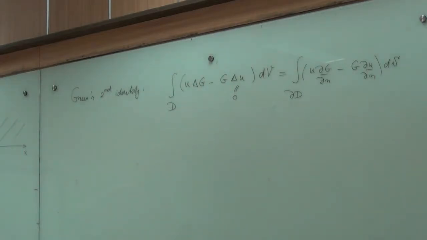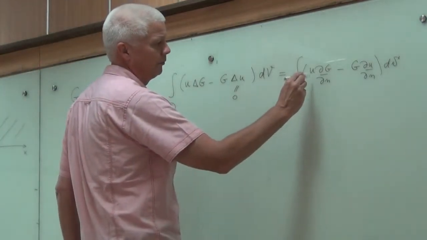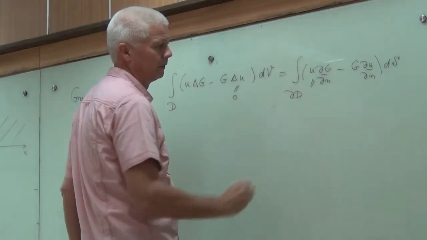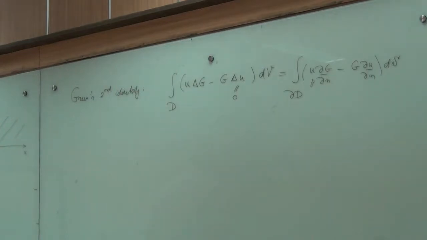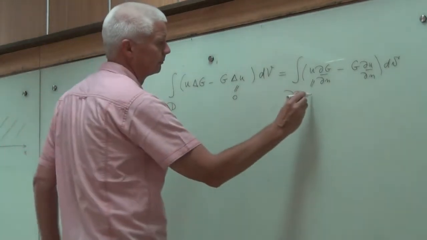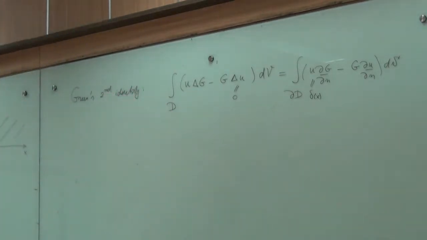I also know in this formula my u on the boundary. What's the u on the boundary? The delta x, eh? The Green's function has to satisfy the same homogeneous conditions. So what's the g on the boundary? 0. Yes.